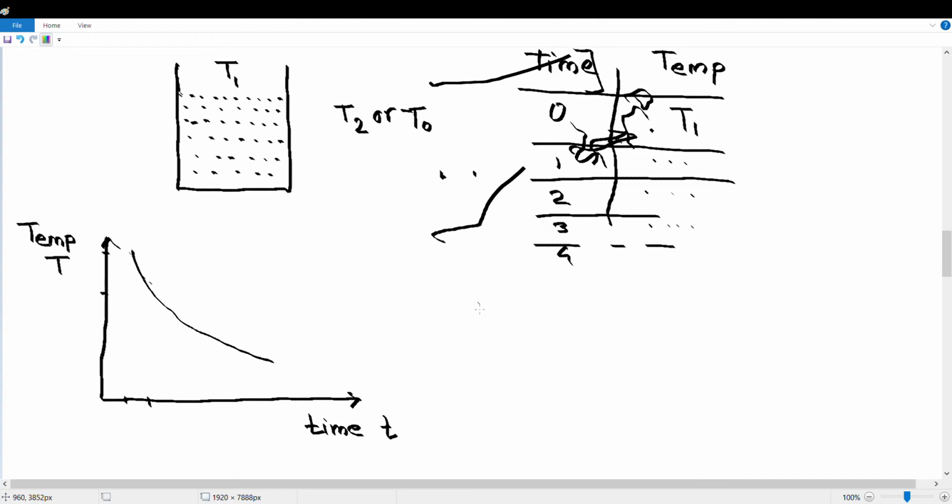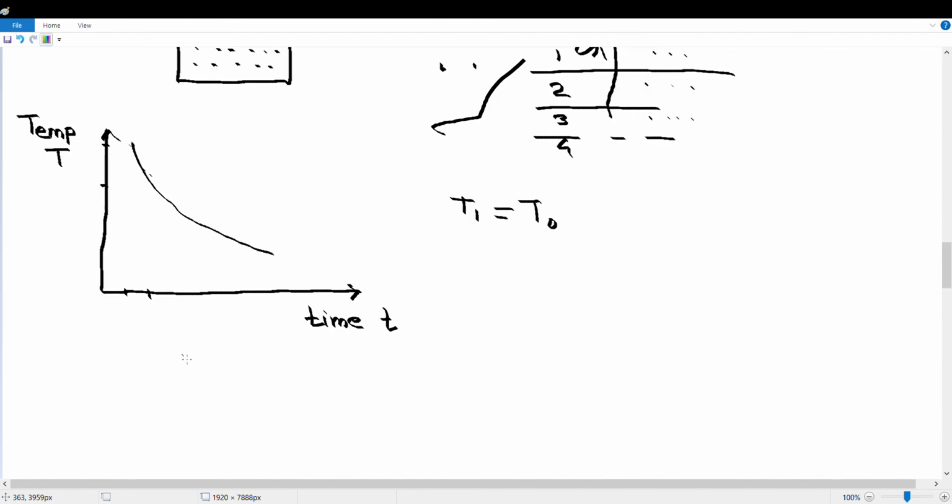And when the temperature of the hot water becomes equal to the temperature of the surrounding, the temperature becomes constant.